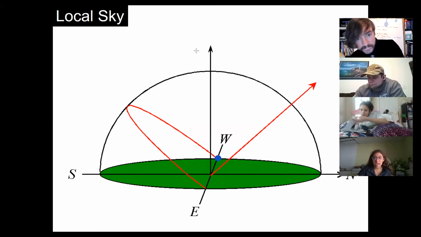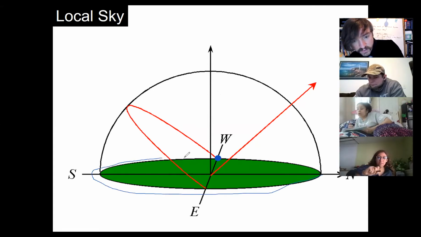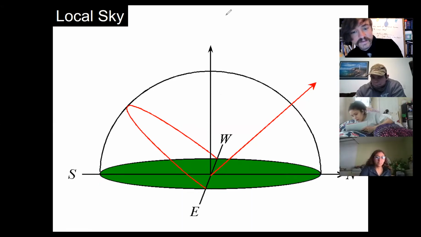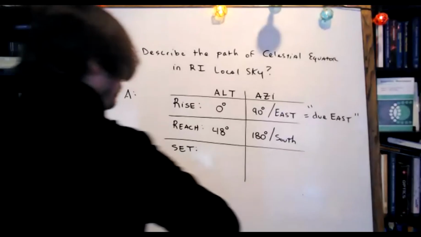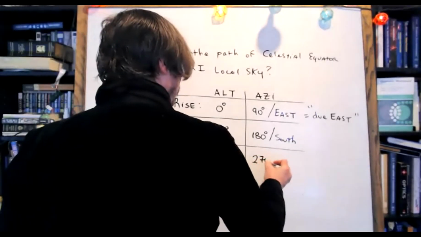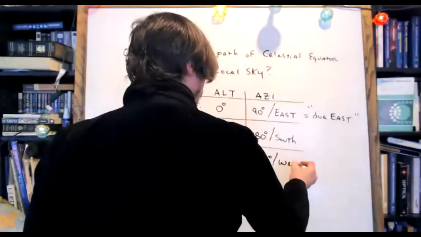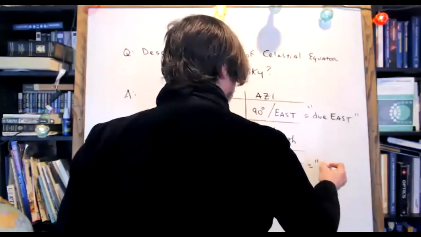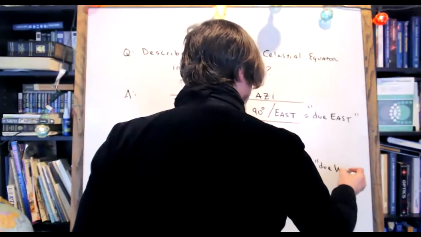Yes, and the azimuth is, yep, 180 plus 90, which is 270. 270. Very good. 270 is west. Okay, so nice. So the set is 0 degrees. The azimuth is 270 degrees or west, and that's the same as due west.